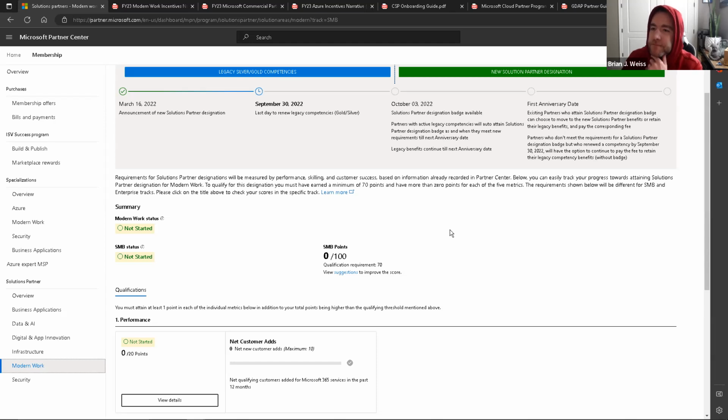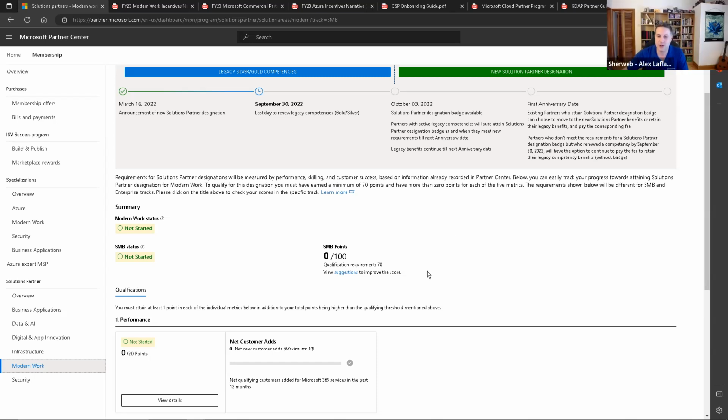That's where I'm at. And where you are right now is where a lot of partners are at first glance. Whenever you look at the program and the requirements, one thing that I want to mention is you have to remember that this is a Microsoft program, and they don't speak like normal humans do. They do have very specific wording on things.